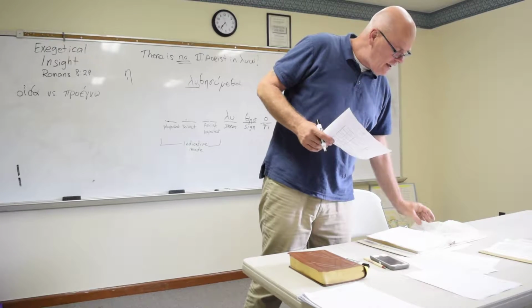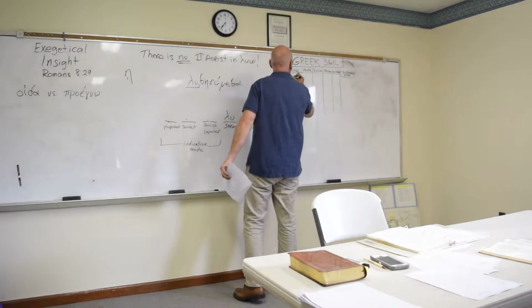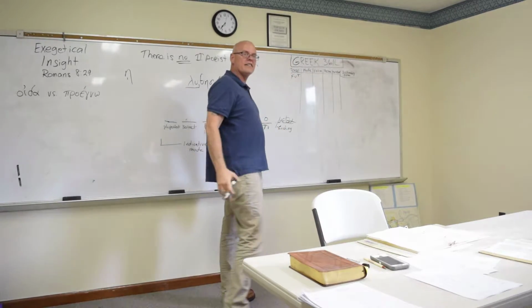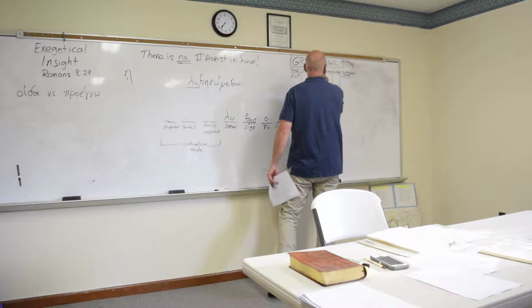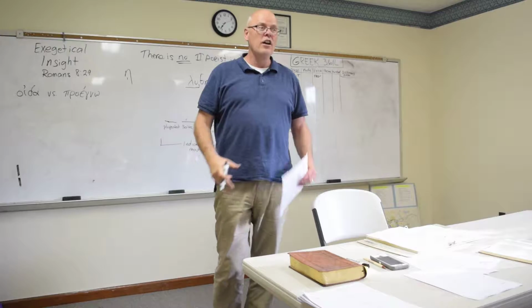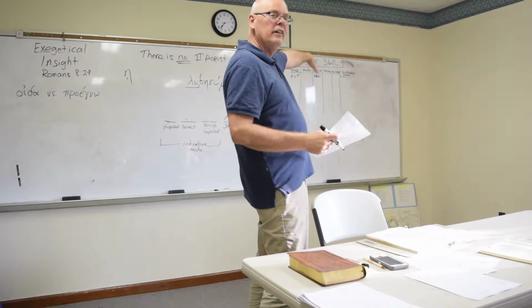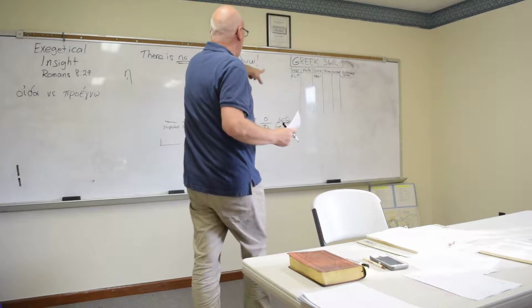And it's passive. Now here's the cool thing. It tells me that it's future. So that's a slam dunk. I know what it is, and I know that it's a passive. That's also a slam dunk. That's all that's available on the sign chart.